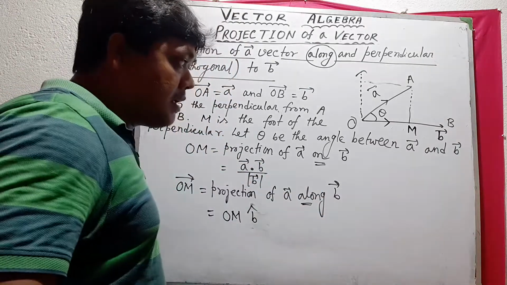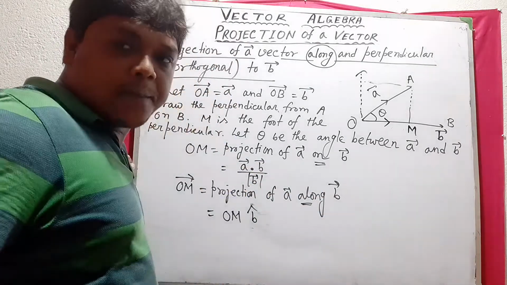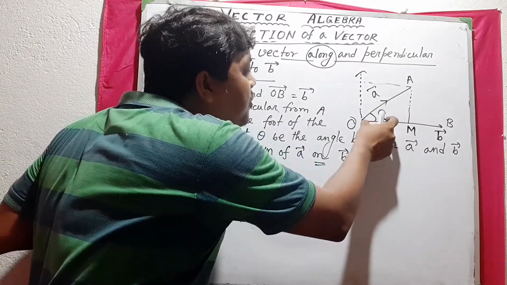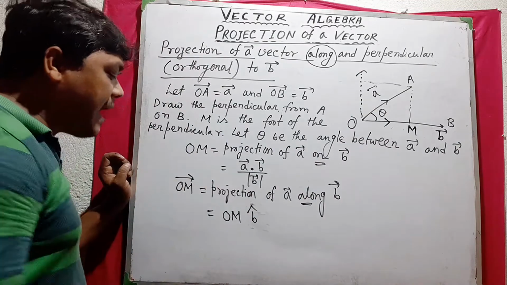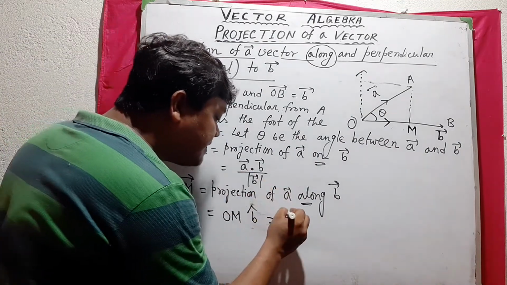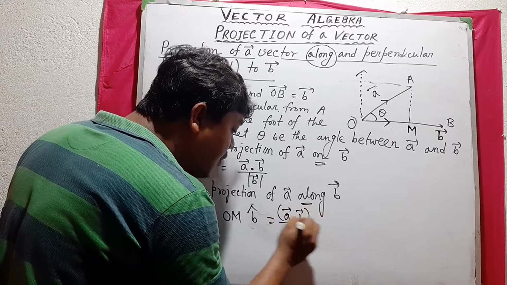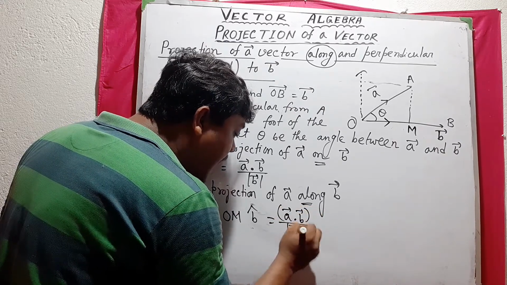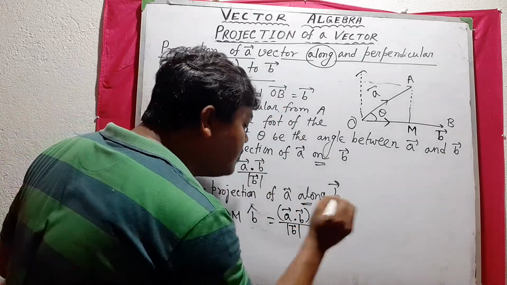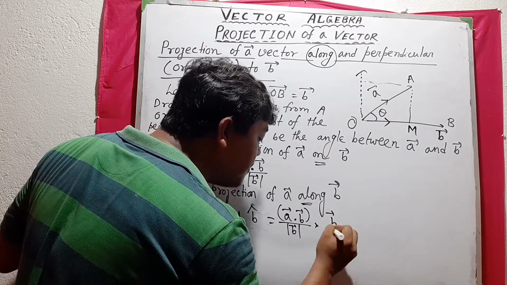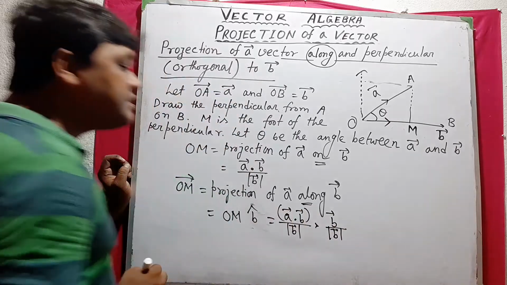তাহলে প্রজেকশন ভেক্টর along OB, তার মানে আমাকে বার করতে হবে OM ইনটু এই বরাবর ইউনিট ভেক্টর কি B cap। তো OM আমরা জানি that is A dot B by mod B, and what is my B cap into B vector, not a simple multiplication, B vector by mod B, that is B cap.